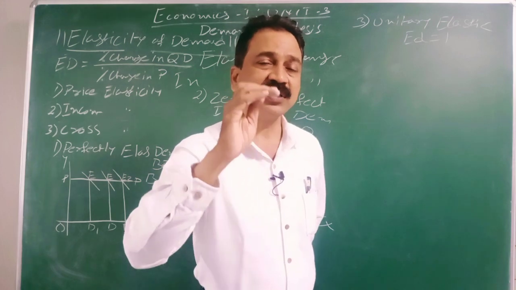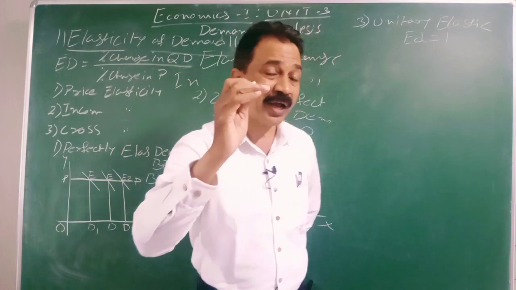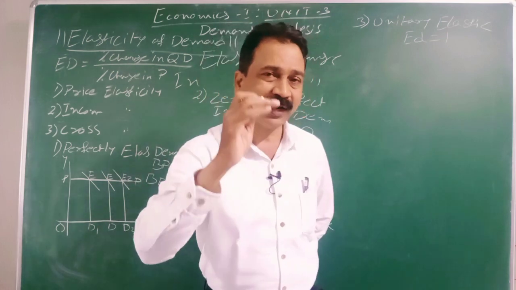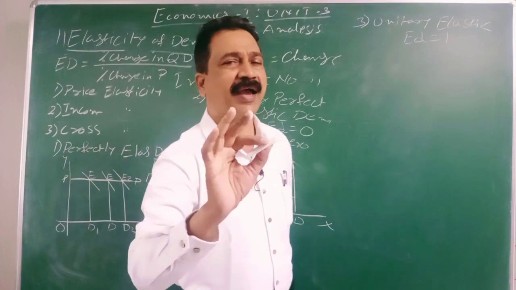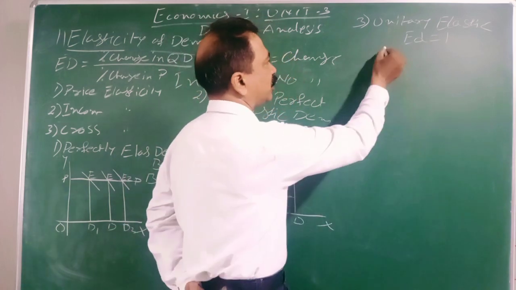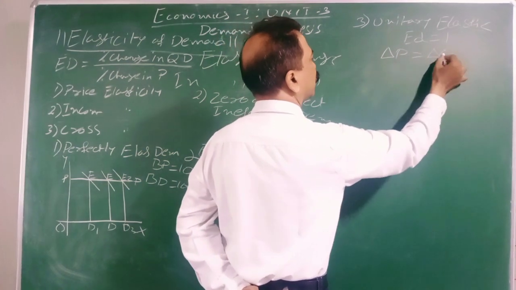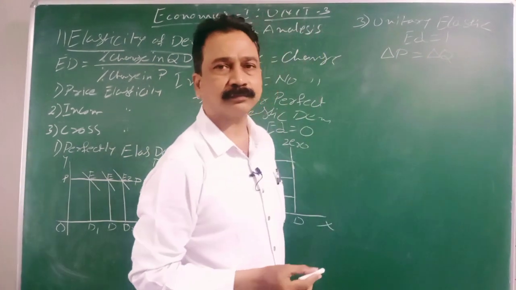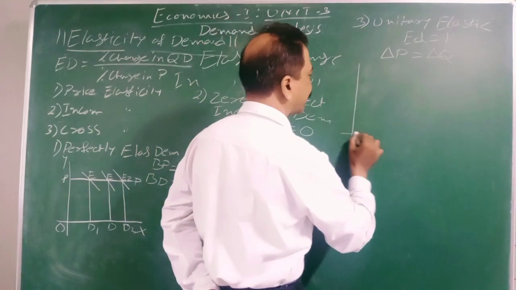If price increases by 20%, demand decreases by 20%. If price decreases by 20%, demand increases by 20%. Changes will be as they are. Delta P is equal to delta Q. There won't be any difference. The graph will be like this.